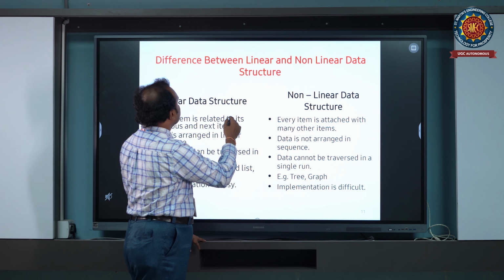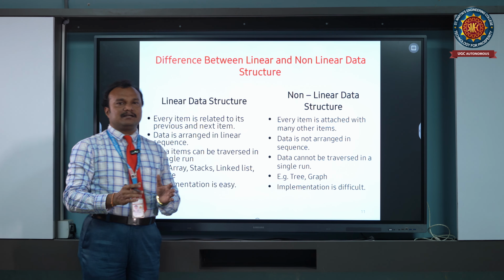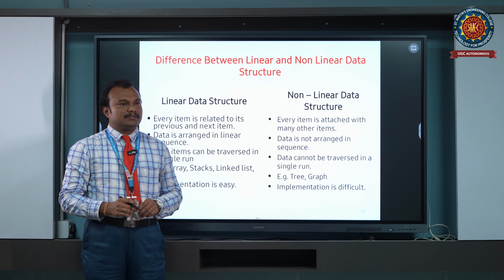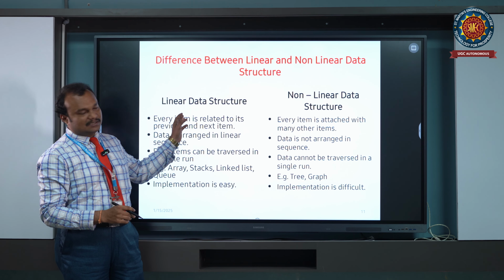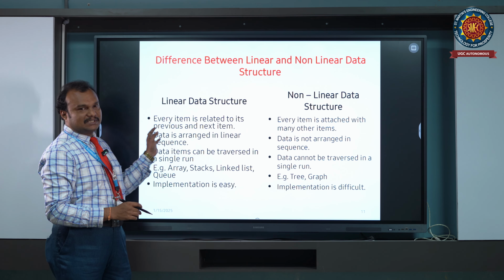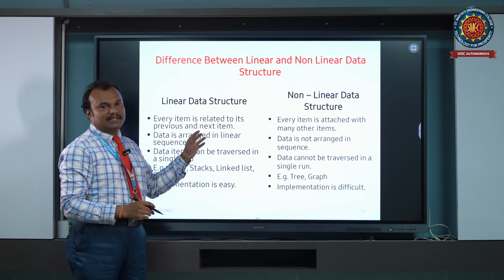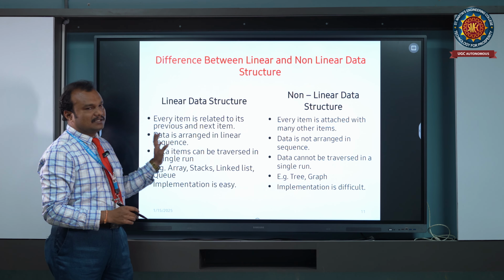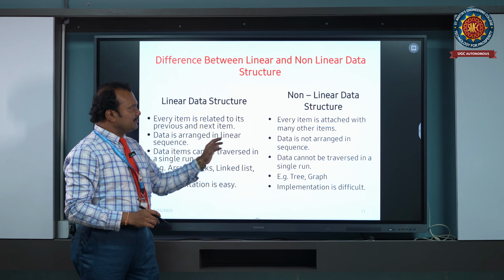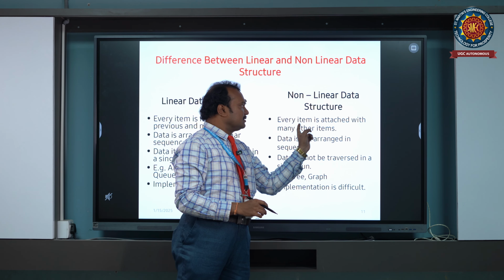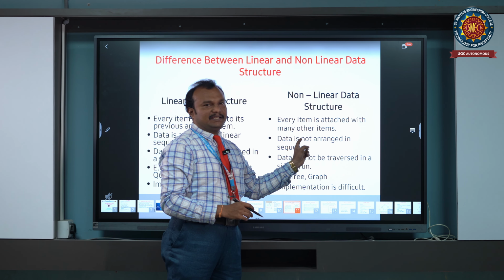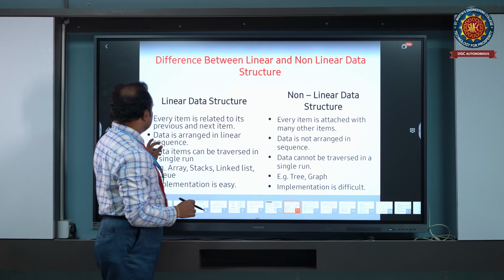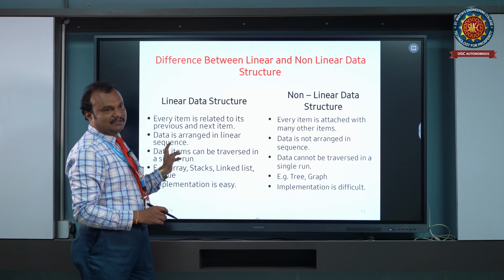Then coming to the difference between linear and non-linear data structures. In a linear data structure, as we said earlier, every item is related to its previous and next item. In a non-linear data structure, every item is attached to many other items. In a linear data structure, data is arranged in a linear sequence.